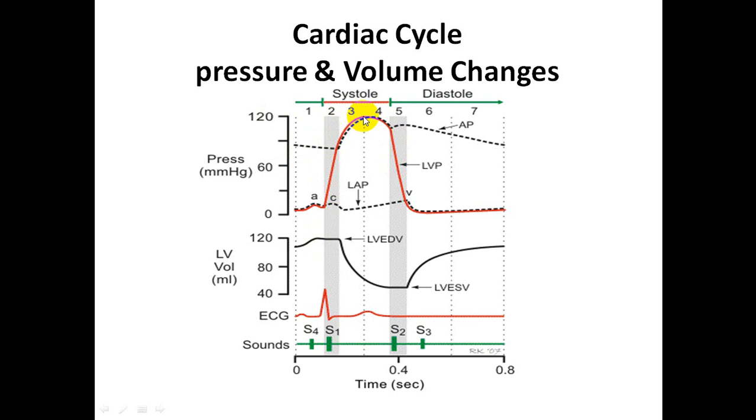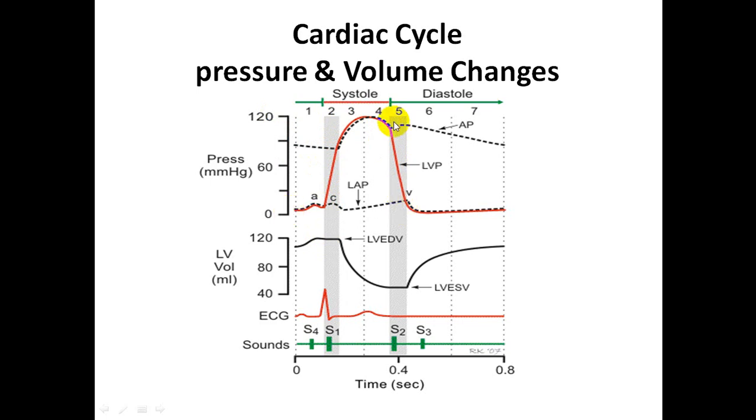Then the back pressure of the blood leads the semilunar valve to close, and the AV valve is still closed, so the pressure drops down, from 180, 120, even to a diastolic level near zero.